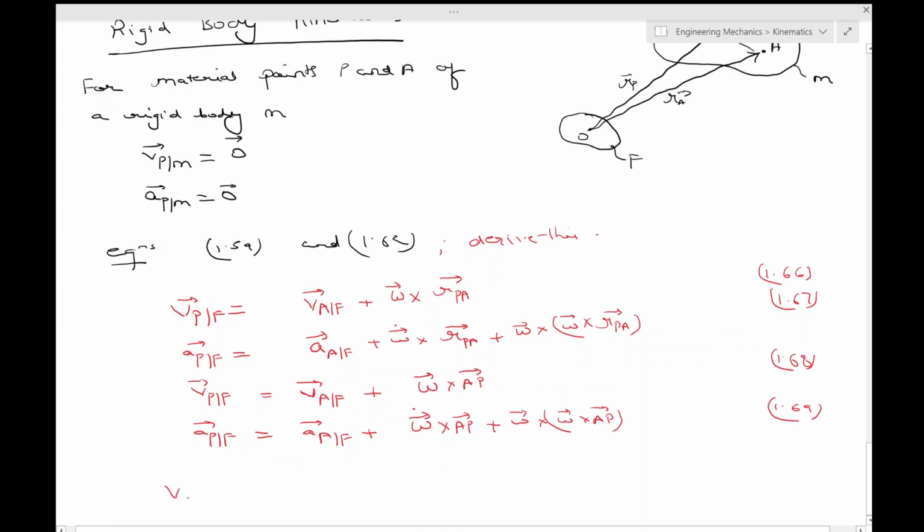The velocity of PA is equal to omega cross RPA using this expression, okay, velocity of P minus velocity of A. Similarly, the acceleration of PA in the F frame is equal to omega dot cross AP plus omega cross omega cross AP, or RPA.